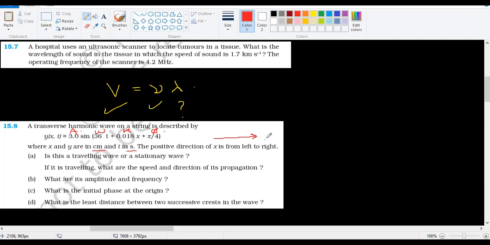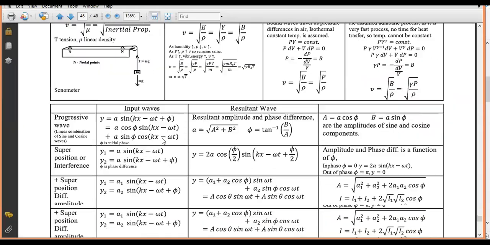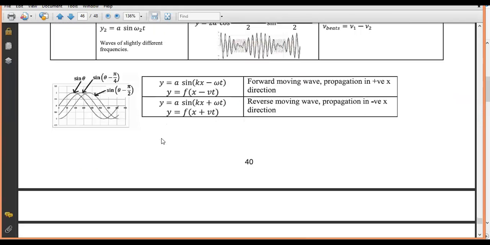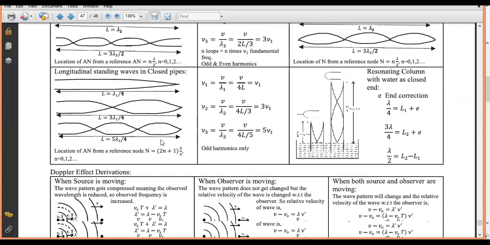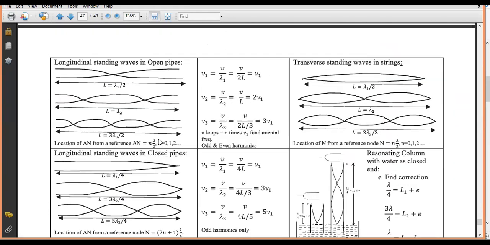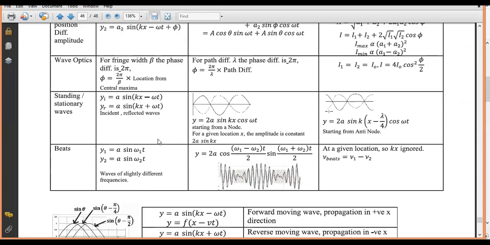So let's go back to our basics. A standing wave means the equation will look slightly different. A standing wave should look something like this: 2A sin kx cos ωt.